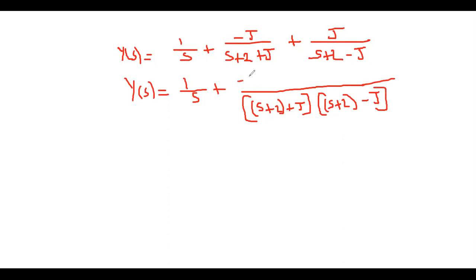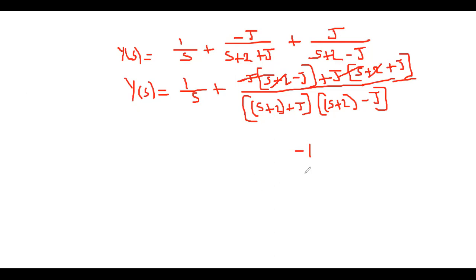We'll get minus j into s plus 2 minus j plus j into s plus 2 plus j. Now if we simplify here: minus js plus js, minus 2j plus 2j, and minus into minus is a plus, j square is minus 1, and j into j square minus 1.